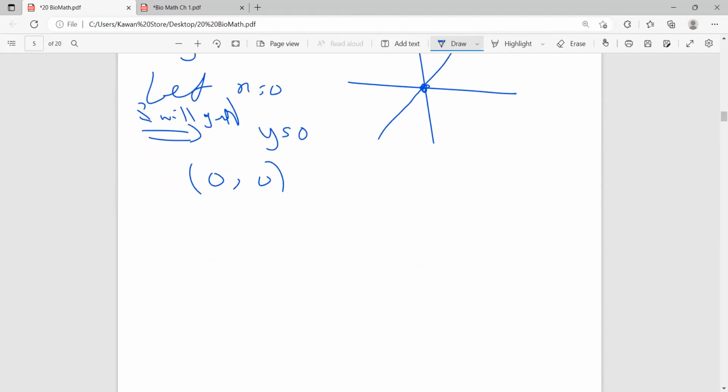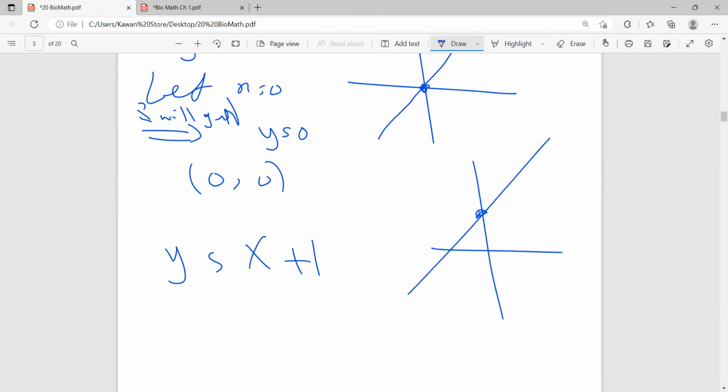If I say y equal to x plus 1, give me that point and that point, kindly, because I am sure about shifting up, but give me the point. Yalla, give me the point. Let me find the intercept, so let x be 0.